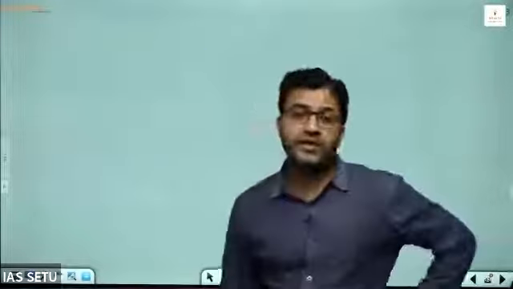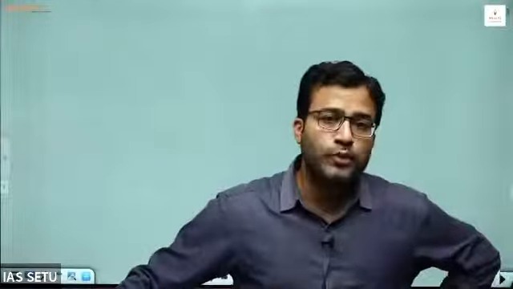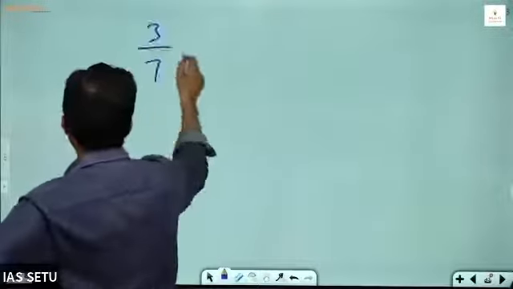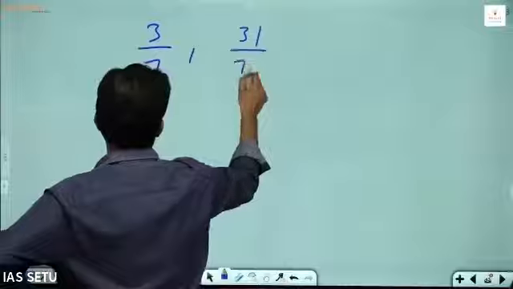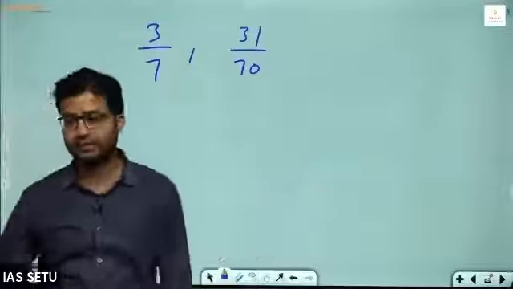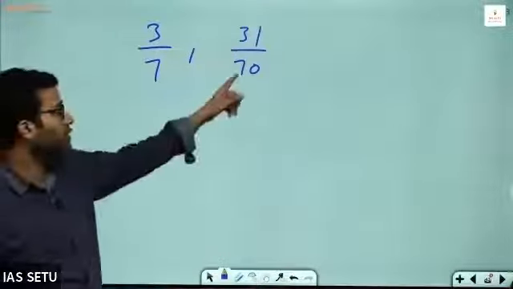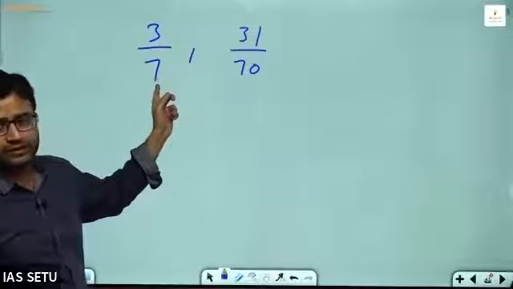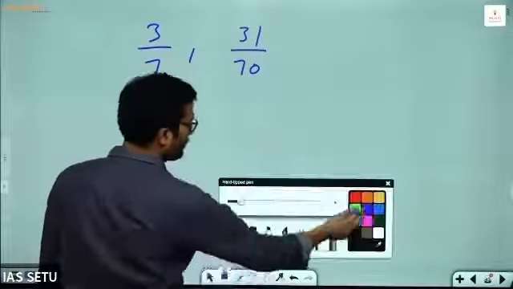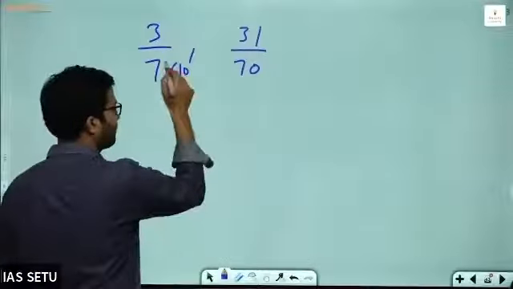Now, sometimes the denominator is not constant, but we can make our denominator constant. Like 3 by 7 and 31 by 70. It is 7 and 70. But you can make it 7 or you can make it 70. It is better if we make it 70. So how can we make it 70? Multiply by 10.